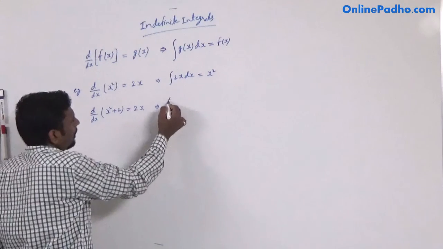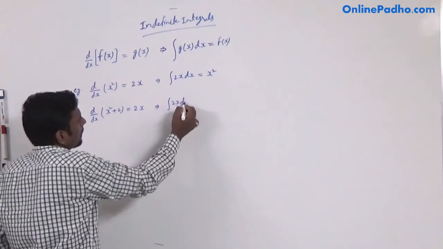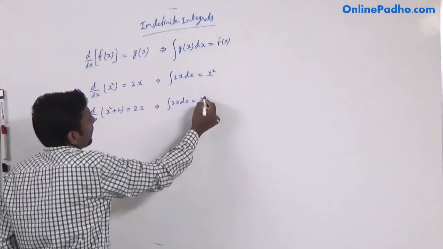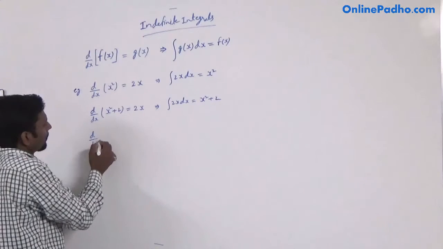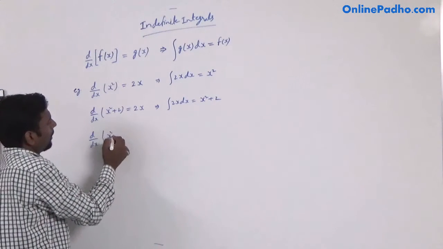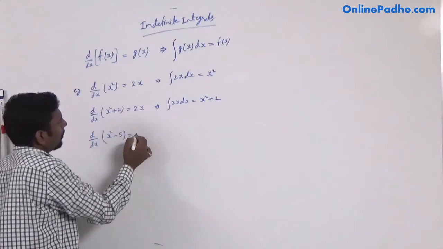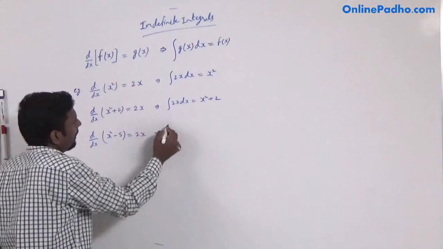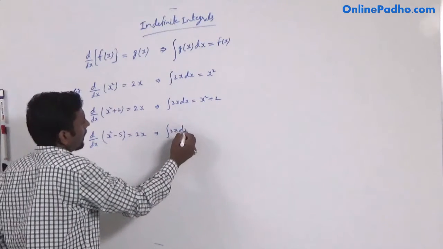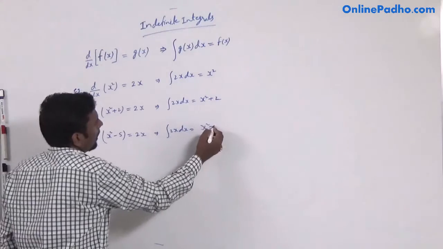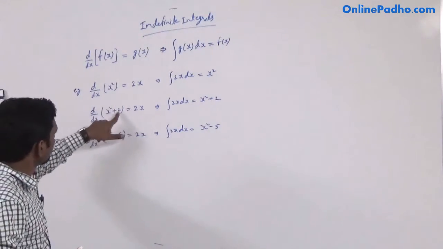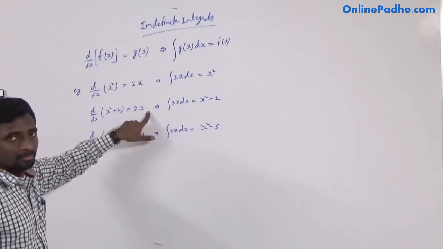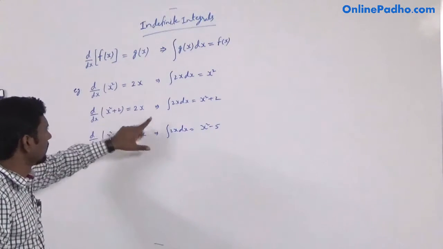So the integration of 2x here can be written as x square plus 2. If we differentiate x square minus 5, it is equal to 2x, then the integration of 2x in this case can be written as x square minus 5. You know, the derivative of any constant function is 0.